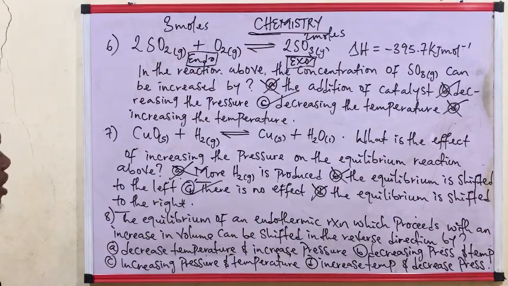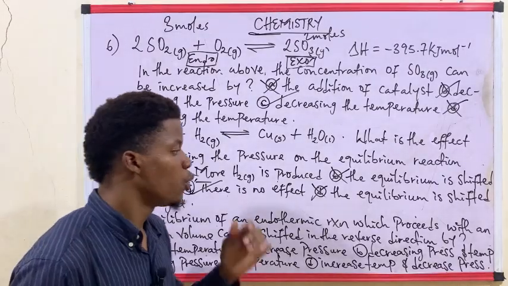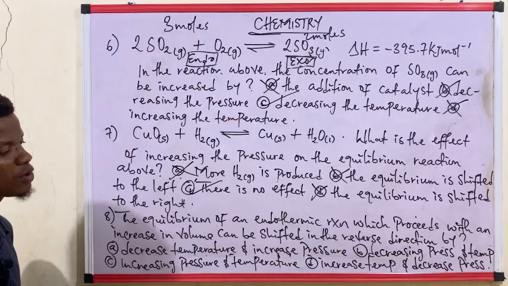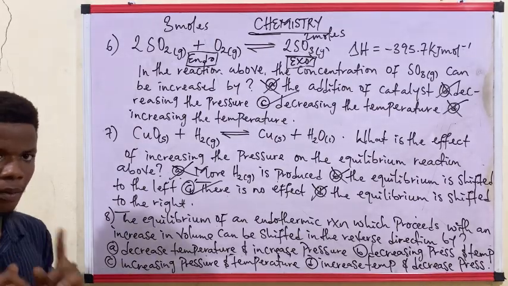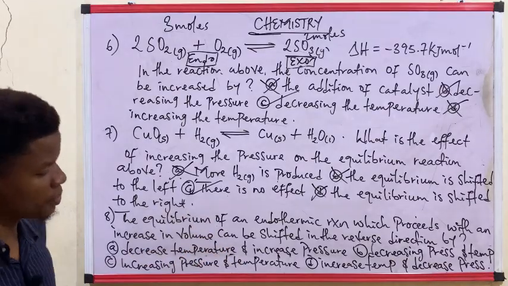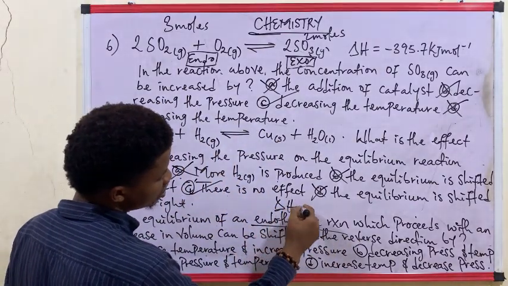Alright, question 8. I love this question. It says the equilibrium of an endothermic reaction which proceeds with increased volume can be shifted to the reverse direction. Very sensitive question. So they told you that the reaction is endothermic, so delta H is positive.